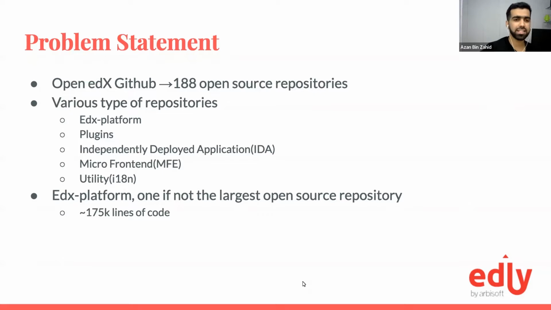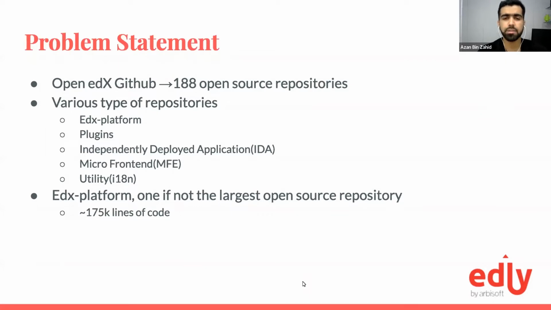All right. So let's get back to the problem statement that we are focusing on today in this conference talk. Our problem is how we are going to navigate the Open edX repositories while we are developing in the platform.